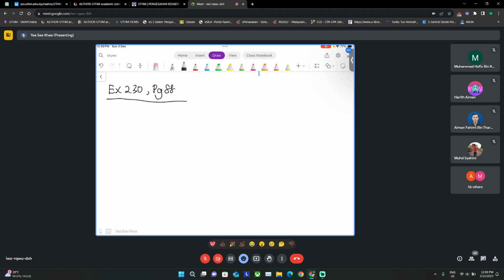Now you have a solid, so the top of the solid is covered by a sphere with a radius of 3, and below by a cone, with phi equals pi over 3, as well as its projection on the xy plane. So you need to sketch this.